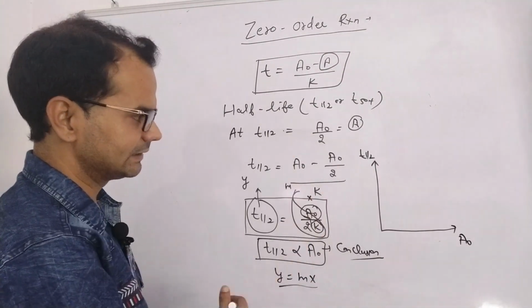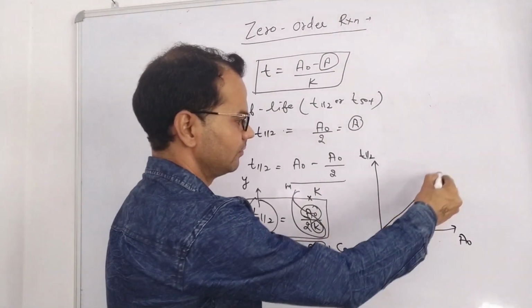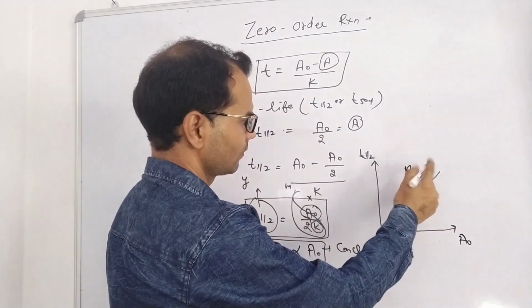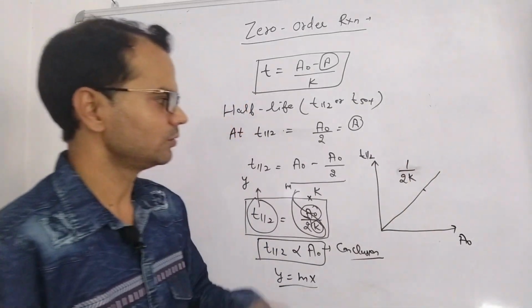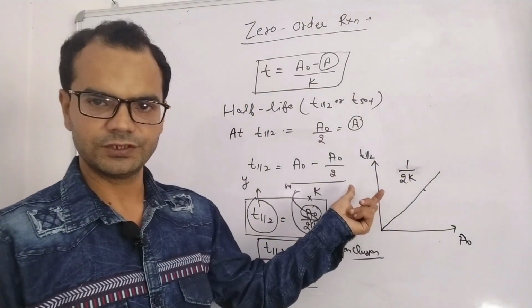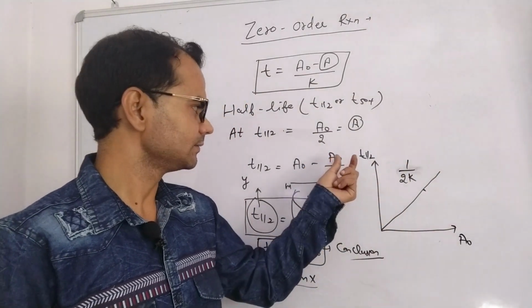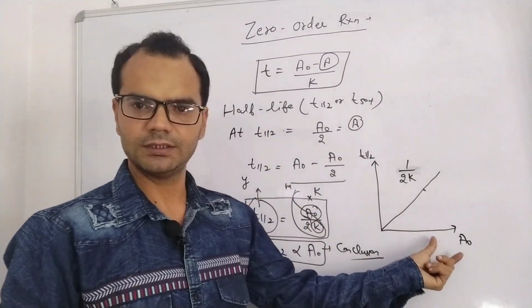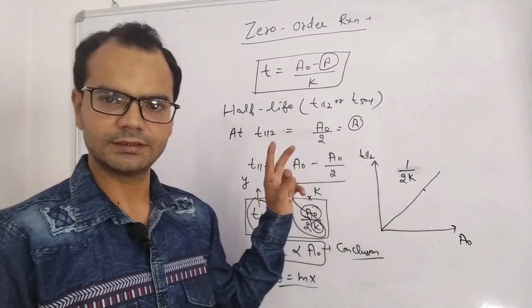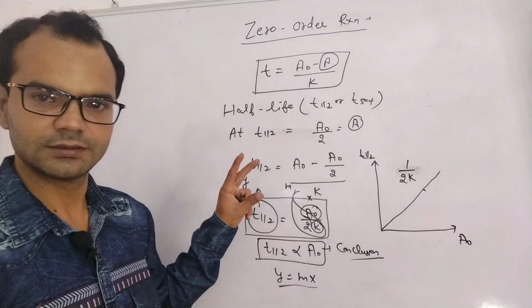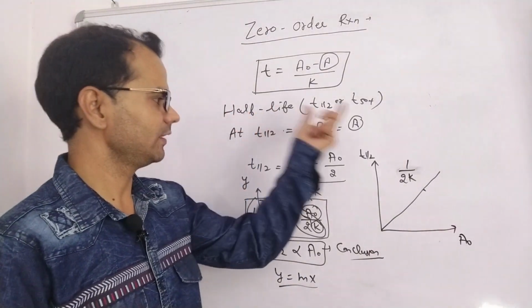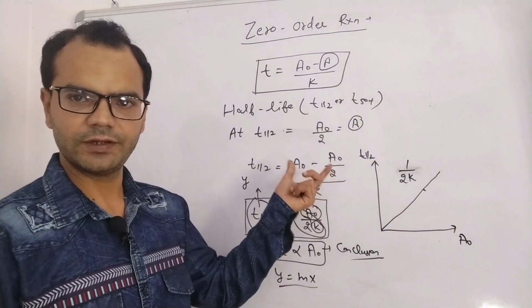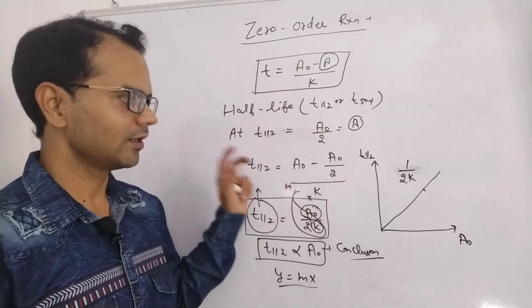We can clearly see it is directly proportional, slope will be 1 by 2K. For which graph? When graph is plotted as t half versus A0, initial concentration of a reactant. Clear? Next, if we have half life, then we can find out the t completion, when zero order reaction will complete.